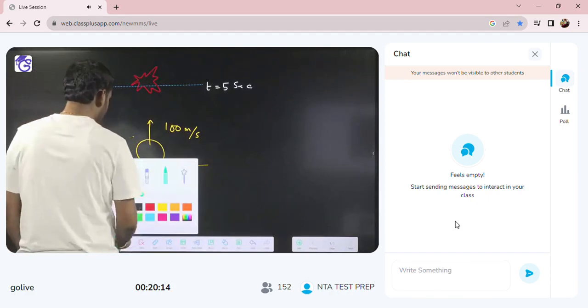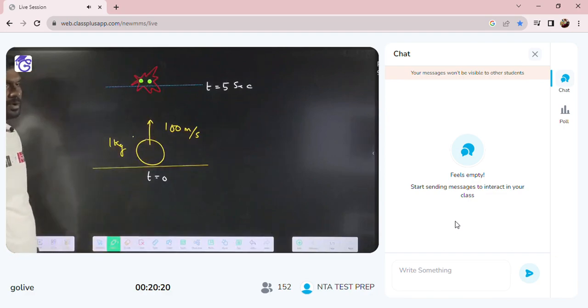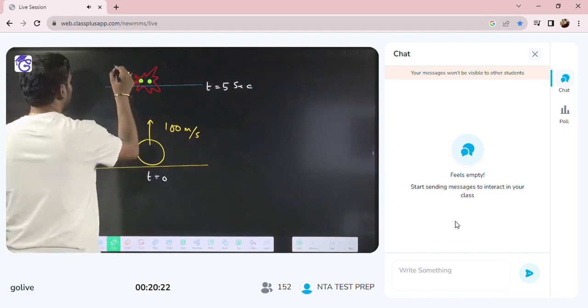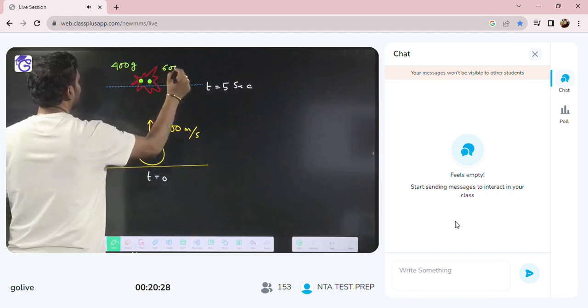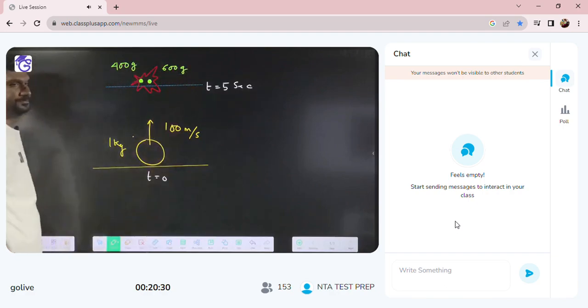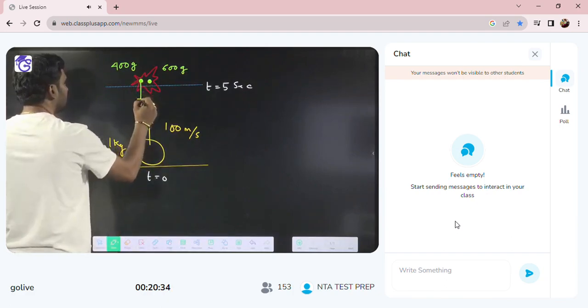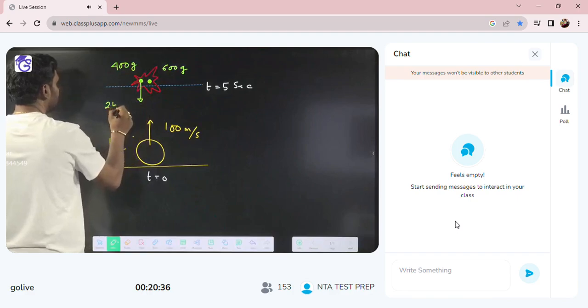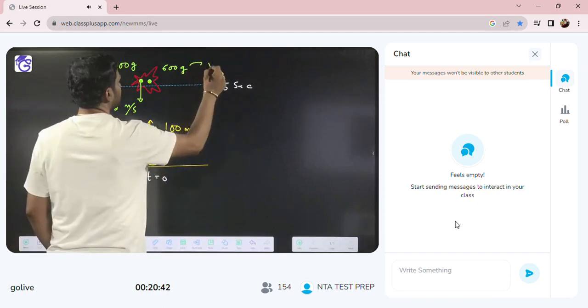In this explosion, we have two masses. This mass is equal to 400 gram. This mass is equal to 600 gram. It is being said that right after the explosion, this falls down with 25 meter per second. And they are asking, what is the velocity of this one?